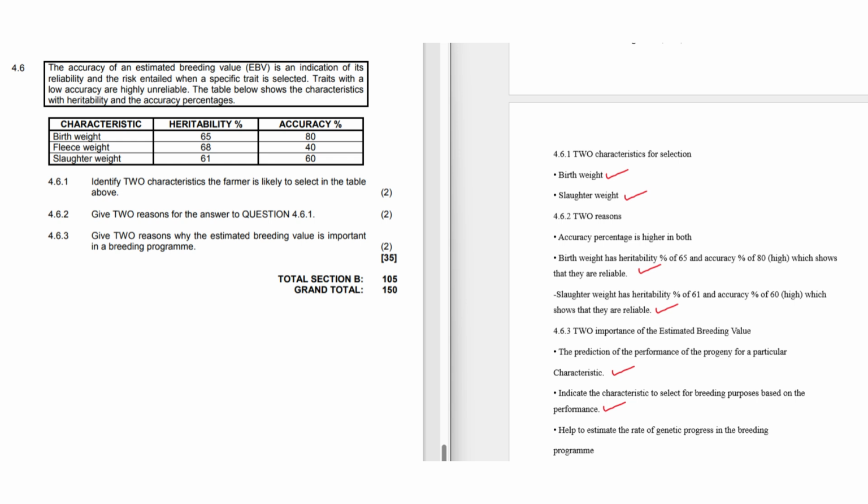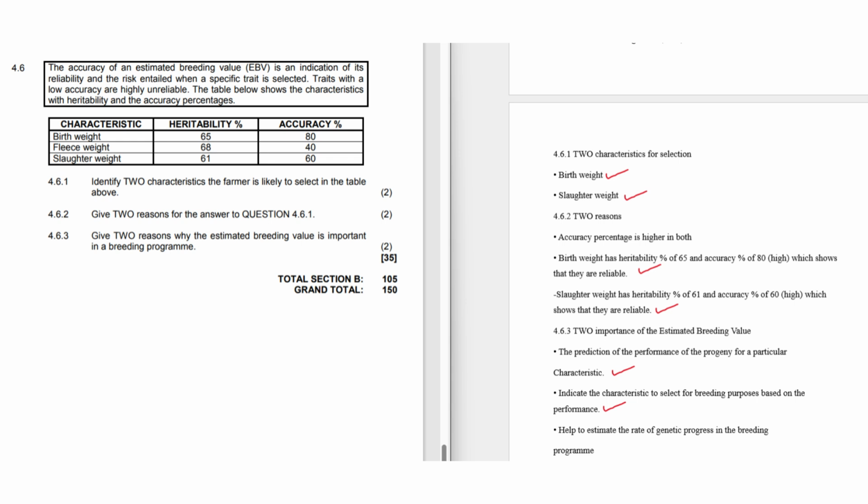4.6.2. Give two reasons for your answer. So the reason for this is because the birth weight has heritability of 65% and accuracy of 80%, which is high.